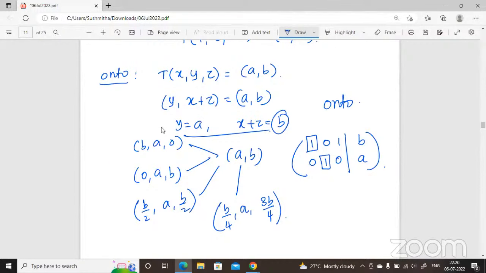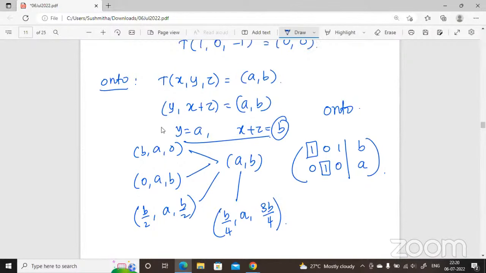Whenever there is a free variable, we can assume like that. I have written it down as a system of linear equations and it has infinitely many solutions, which means there is always (x, y, z) satisfying this.